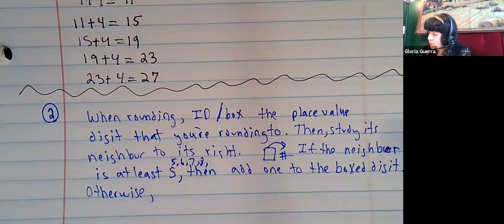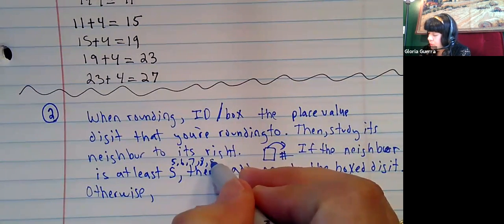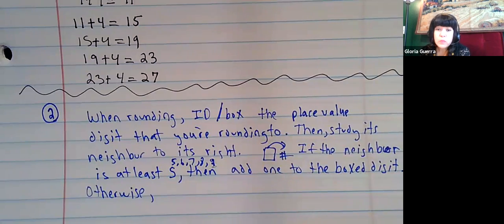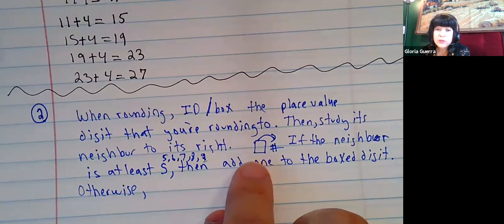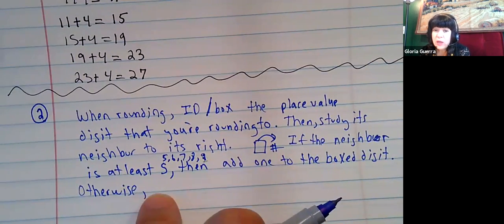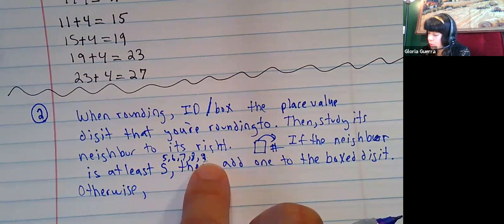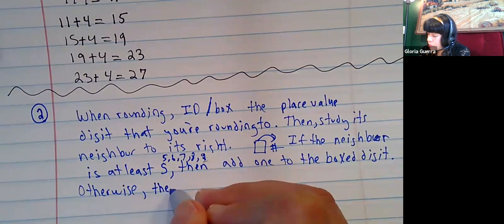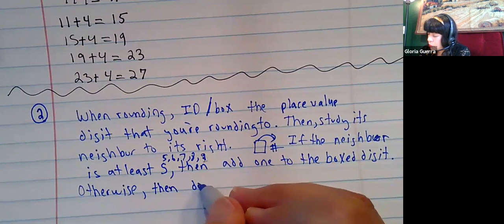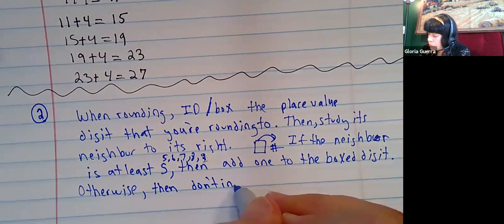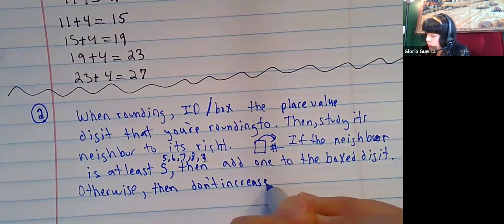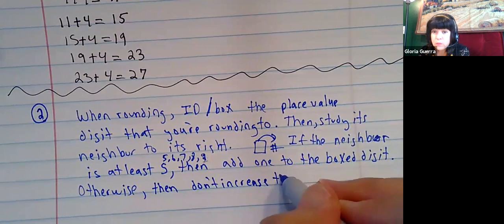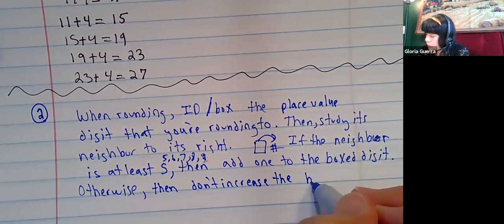Is it a 5, 6, 7, 8, or 9? Because if it is, then you're going to add 1 to your box digit. But otherwise, if it's not, then don't increase. I'm going to underline, don't increase the box digit.